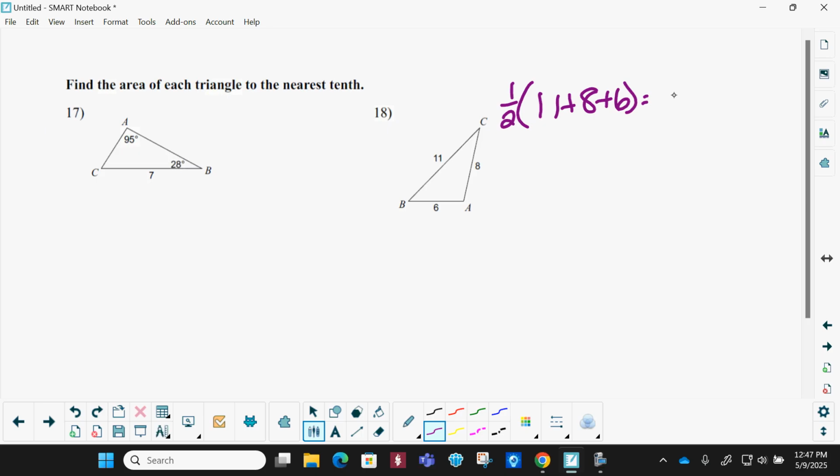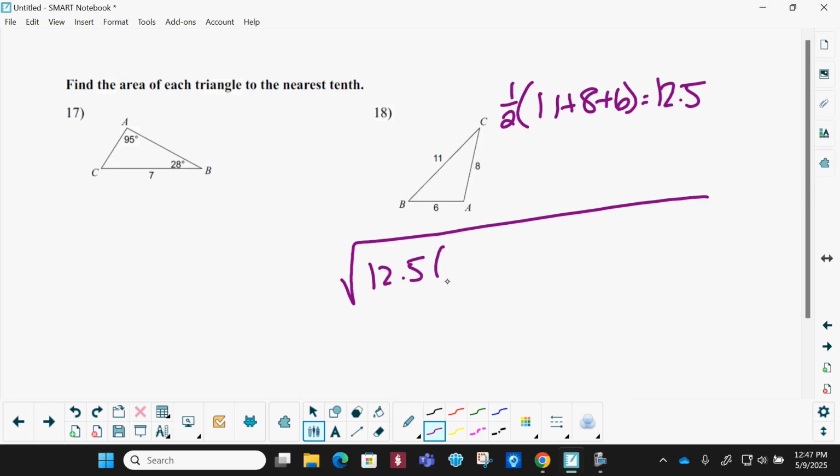And this is the one, you're going to do 12.5 times 12.5 minus 11 times 12.5 minus 6 times 12.5 minus 8. And then, oops, I got to take the square root. I get 23.4.